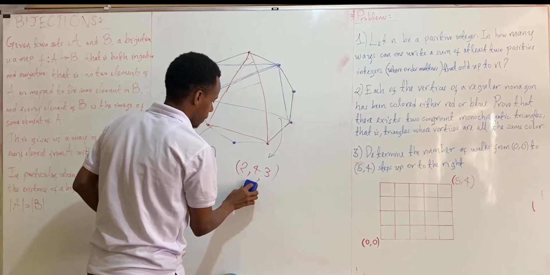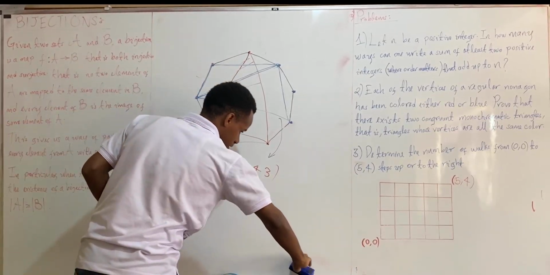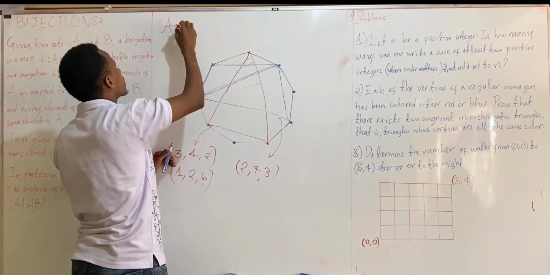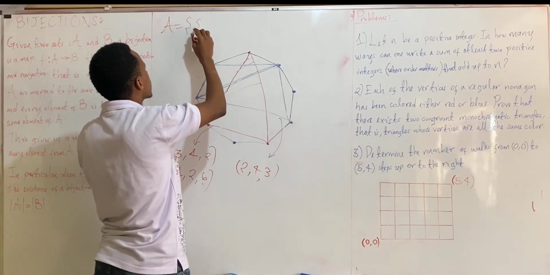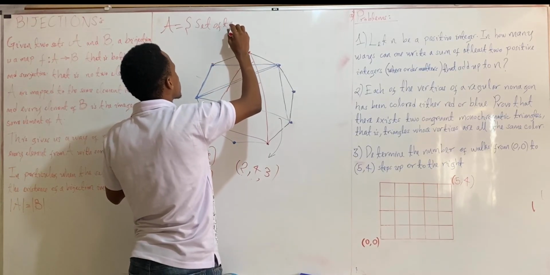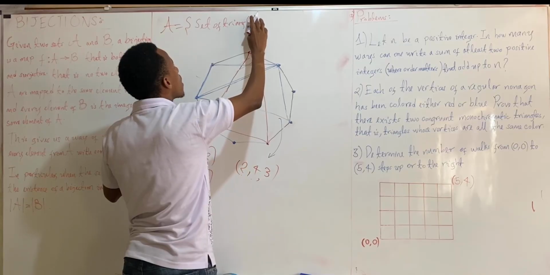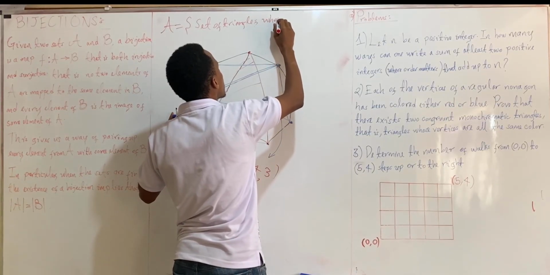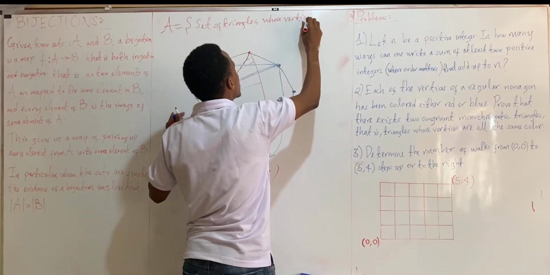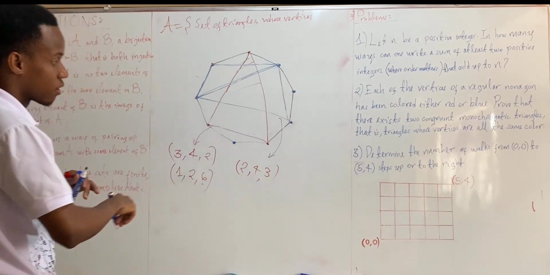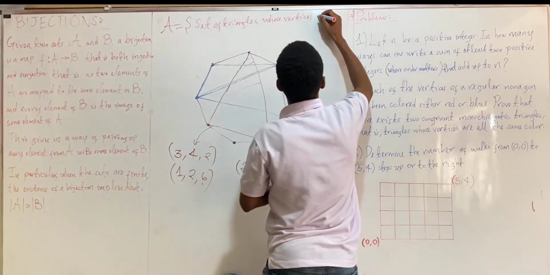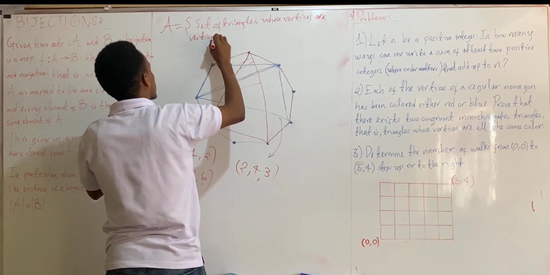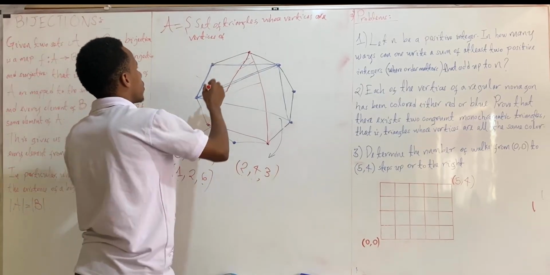we can find a map. Sorry, you can define a set A to be the set of triangles whose vertices are vertices of the regular nonagon.